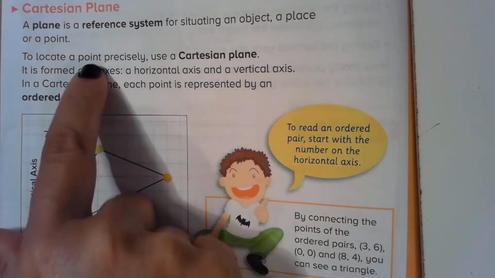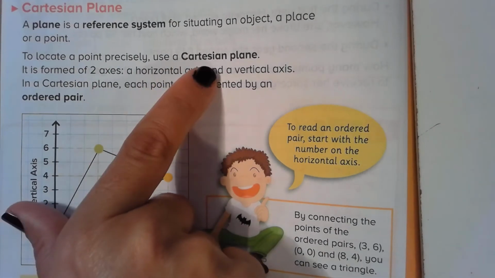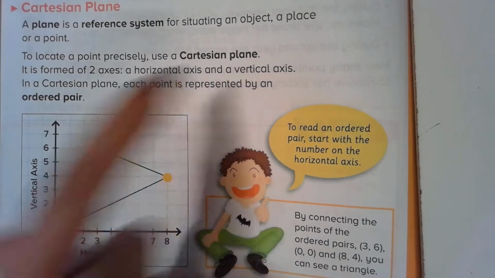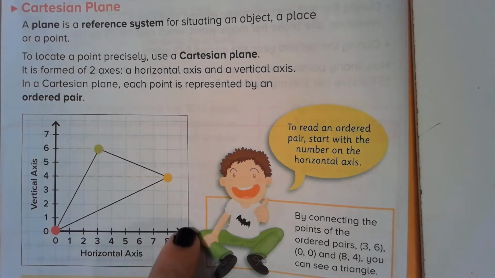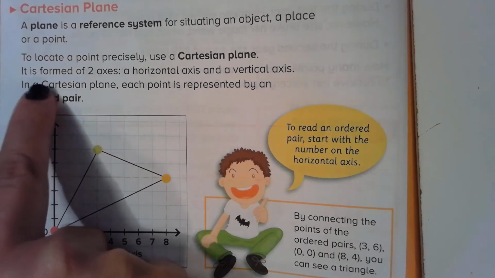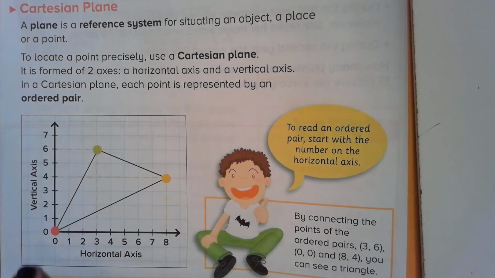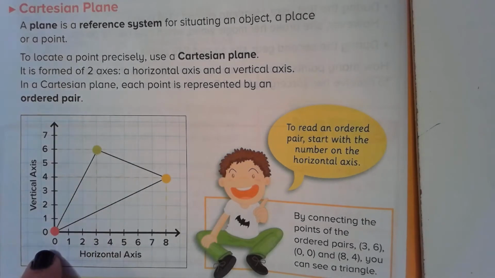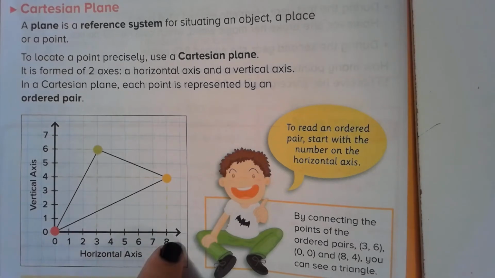To locate a point precisely, we use a Cartesian plane. And here's a beautiful Cartesian plane right here for you. It is formed of two axes. You have a horizontal axis across, we call this the x-axis.